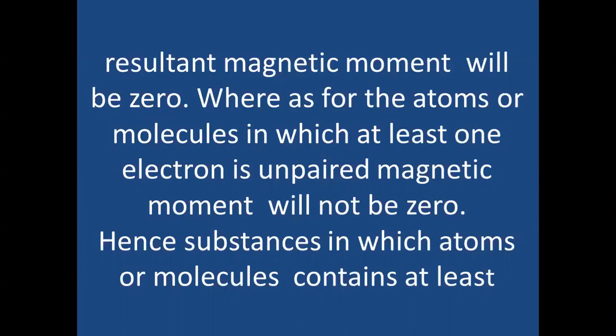Now, the magnetic moment depends here on the number of unpaired electrons. As the number of unpaired electrons in an atom increases, the magnitude of magnetic moment will be increasing.